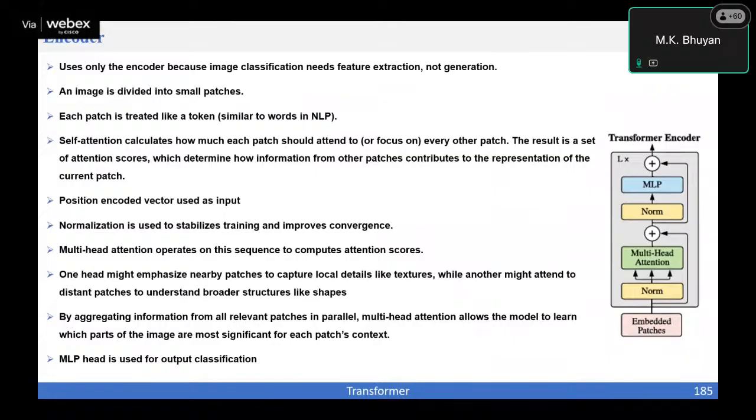So multiple heads we are considering, and in between we are reducing the dimension of the vector by using the linear projection. And finally, we are considering the multi-layer perceptron head, MLP head, for the output classification. So multiple heads we are considering for all the attentions, and MLP for the final classification. So this is the structure of the encoder.